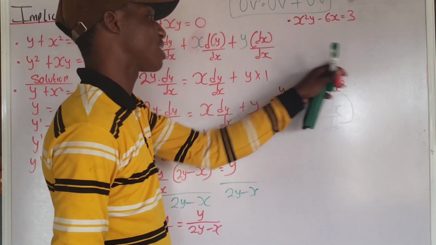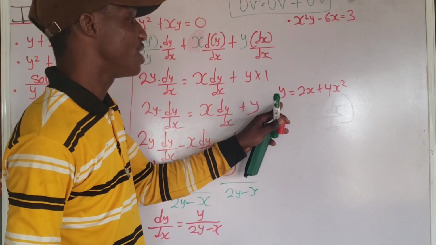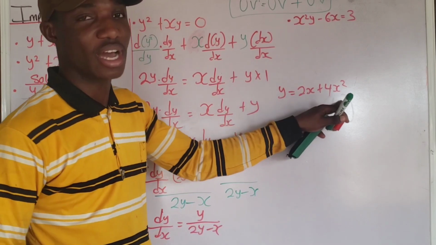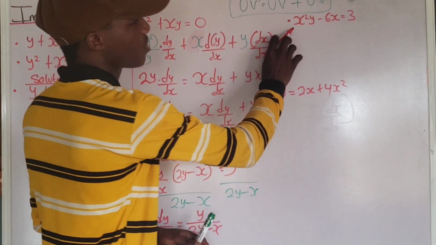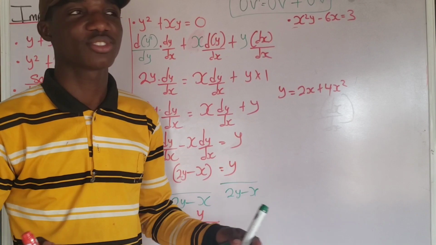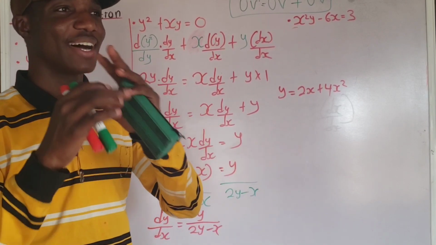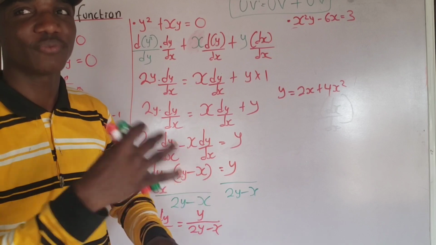This is a typical example of a function that is directly expressed, because one variable is equal to another. But this kind of function is not expressed directly. So to help us differentiate such a function, we make use of implicit differentiation. We differentiate the function implicitly.